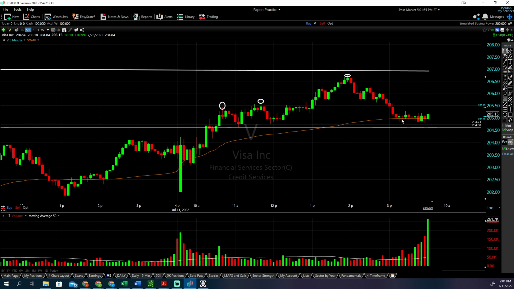As you can see here, it tries several times to get below this line, which represents this pullback point. This is also where you would put stops. If you were long on the stock, and let's say you went long here and it's going up and now it's reversing, do you get out of this stock? This is your line. This is the stop that you would want to use, 204.73, to say, okay, the upward trend on Visa is now over.